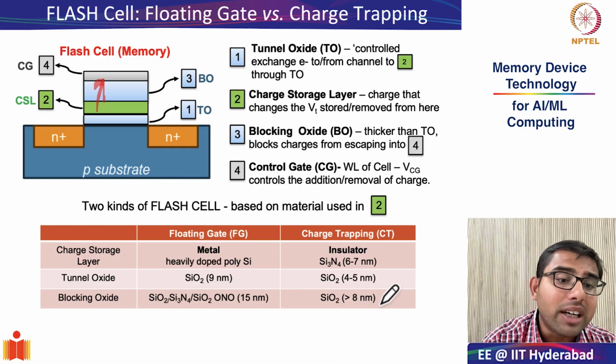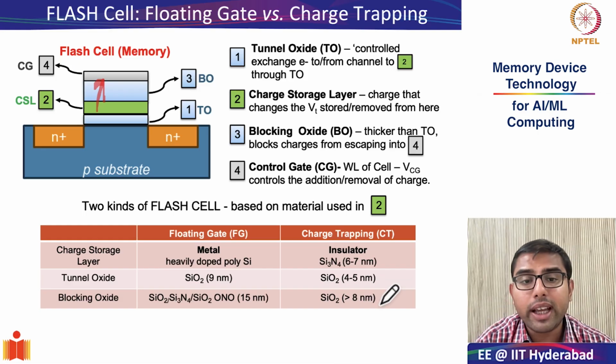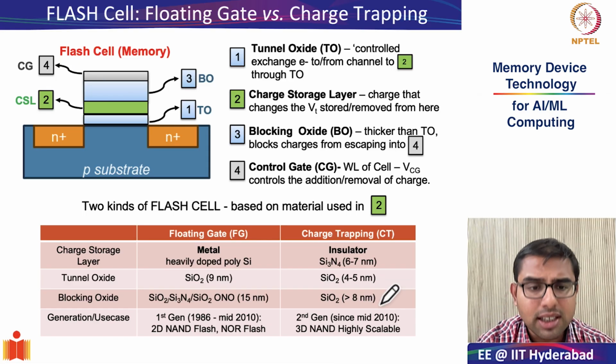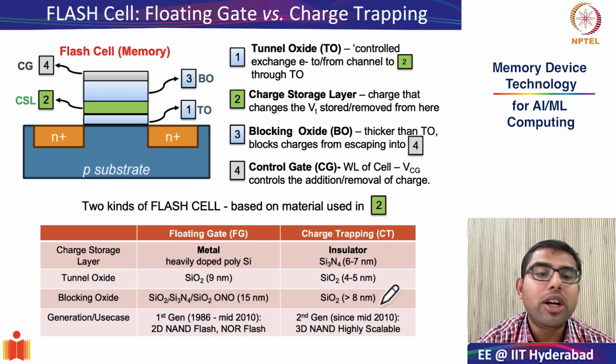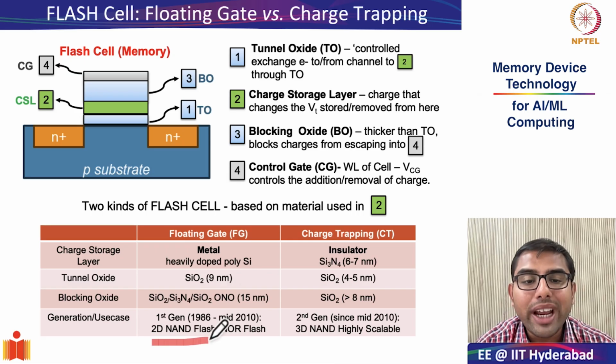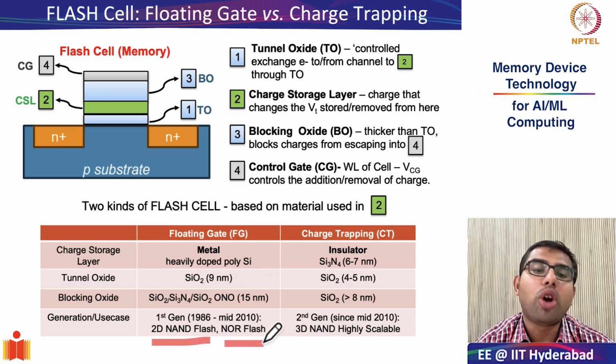And as I have been discussing, the use case for floating gate transistor was for the first generation of flash cells from the late 1980s to mid 2010s, and that is what is used for the 2D NAND flash and also for NOR flash.